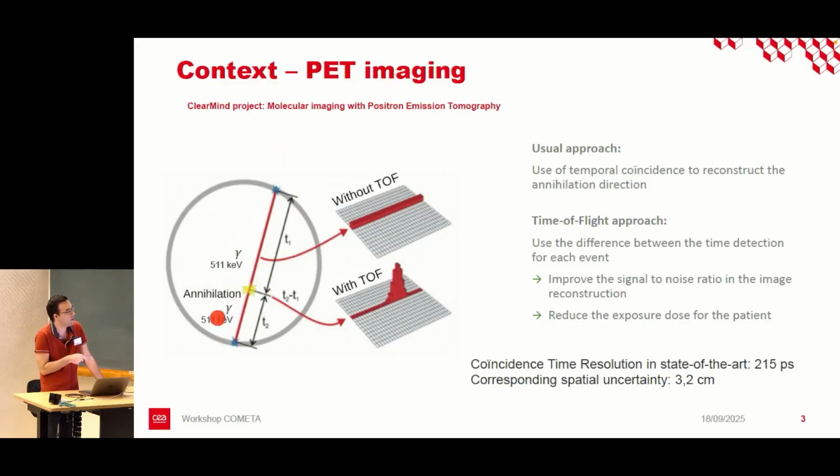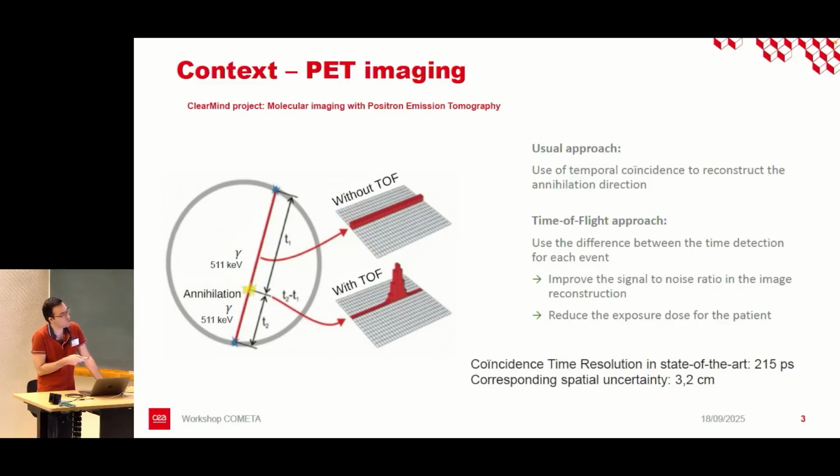These photons can go through the body and be detected in detectors around the body. If we have detectors that can distinguish gamma ray photons in coincidence, even if not so precise, we can know the line of annihilation, and by using several lines of annihilation, we can reconstruct at the intersection the position of the source.